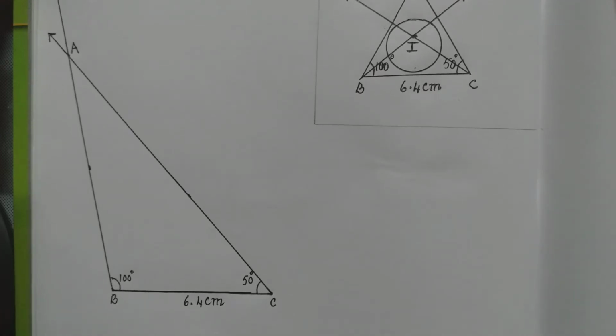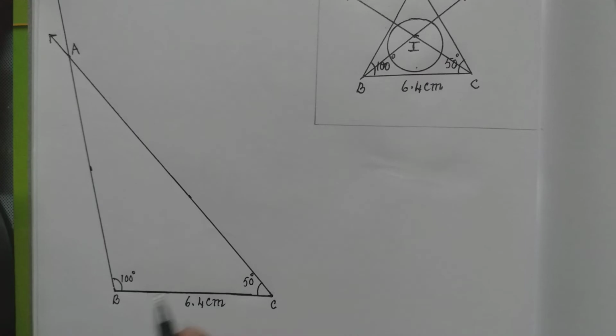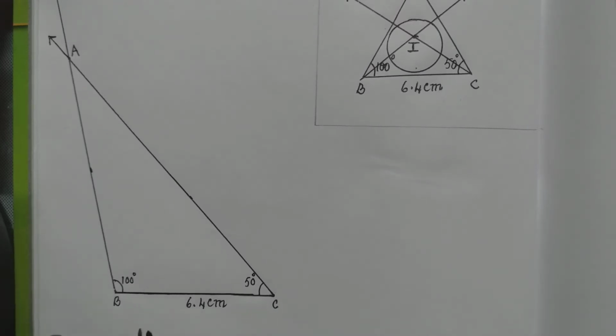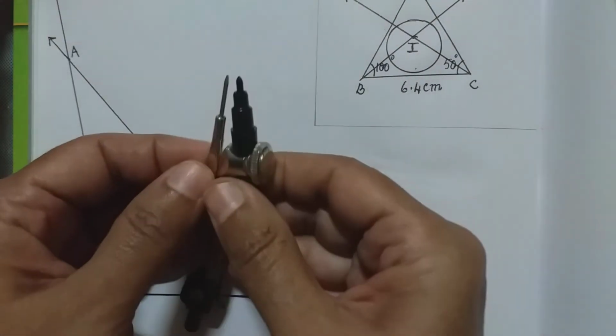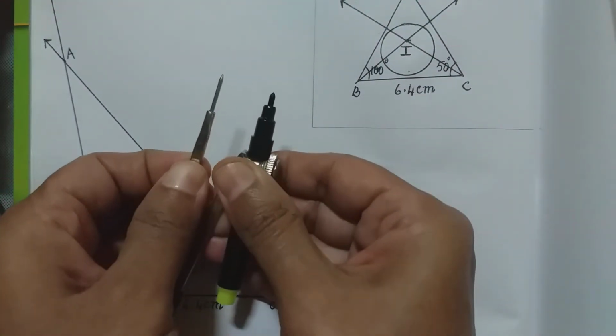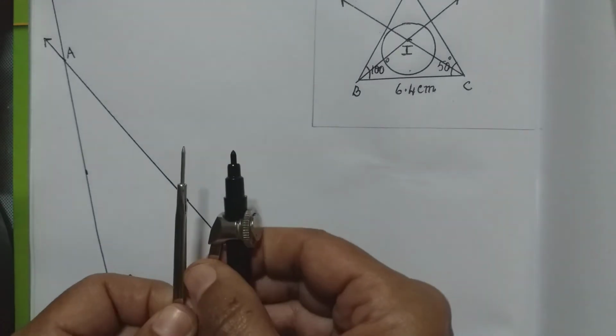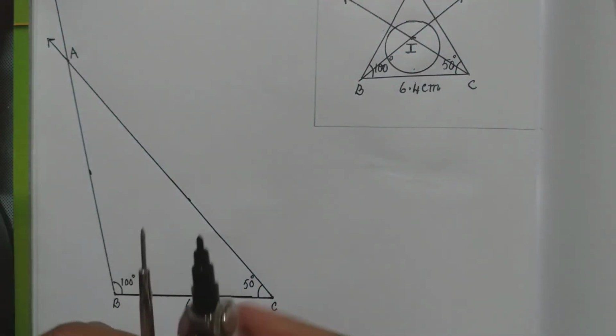The next step is to construct the angle bisectors of these two angles, angle B and angle C. Now to construct the angle bisectors, let us see how it is done. First of all, we take a convenient radius with the compass.